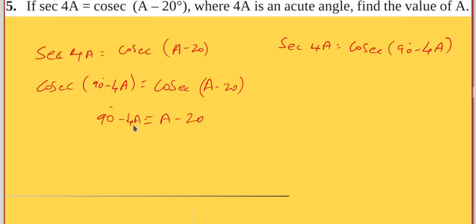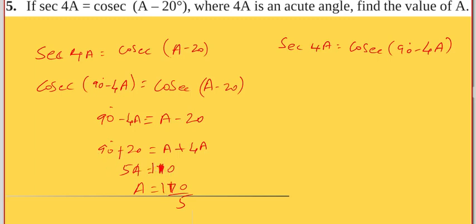Okay. So if we bring angles one side, 4A and A let me bring one side, and these will go to another side. So 90 minus 20 equal to A plus 4A. Oh no, sorry, this minus 20, if we bring it to the left-hand side, it becomes positive, no?